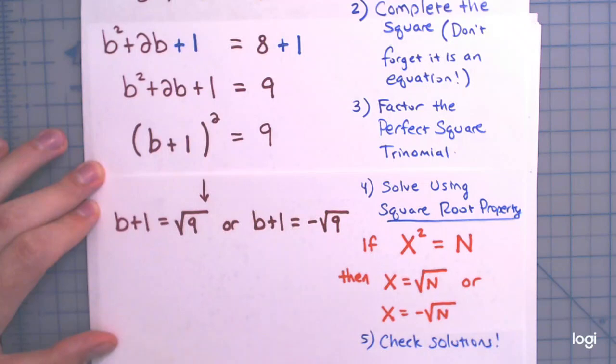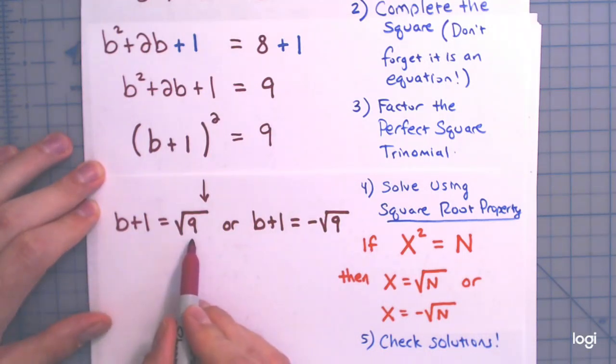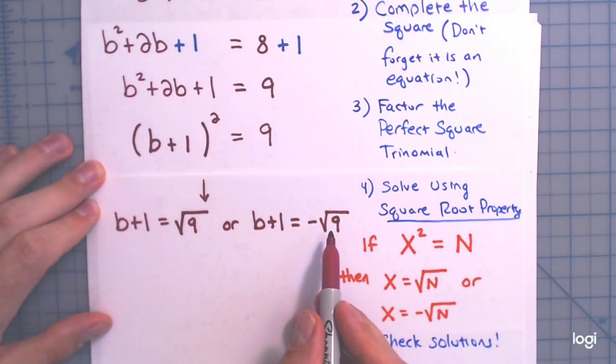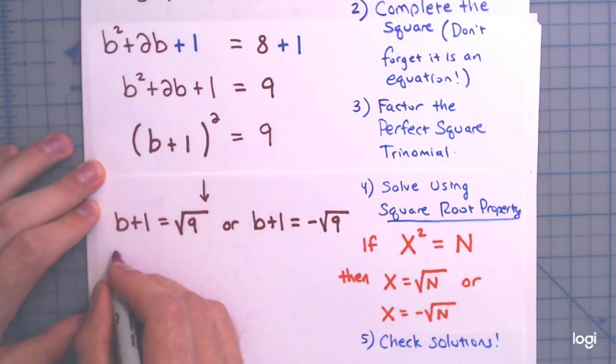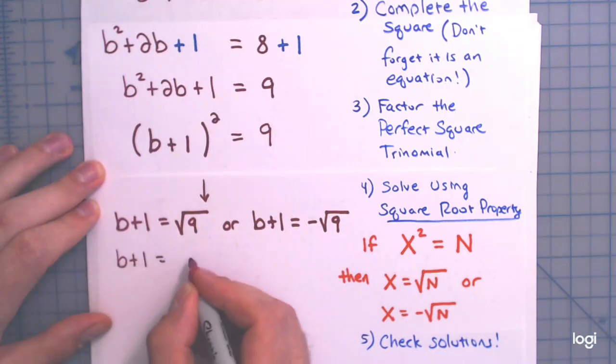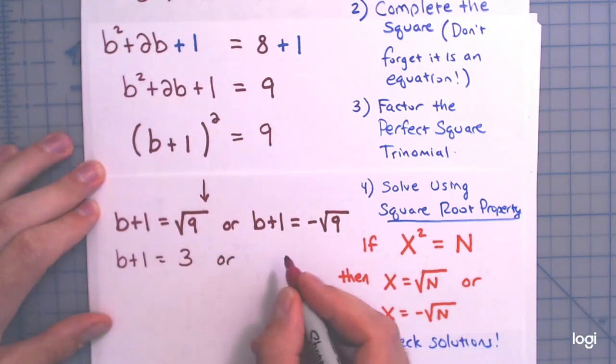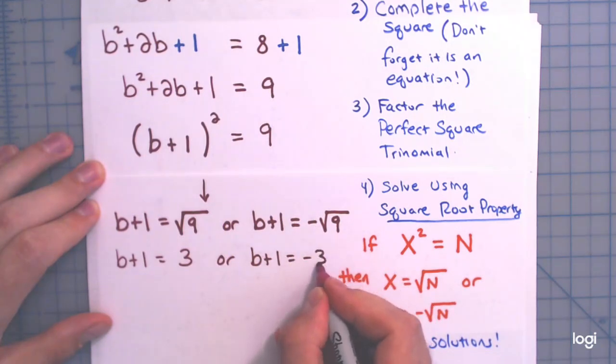I don't care for doing that, but you can. I'll write it at the end if we come up with some plus or minus answers. But then look at your radicals here. What's the square root of 9? The principal square root of 9 is just 3. So this left equation is b plus 1 equals 3, or in this right equation, b plus 1 equals the opposite of that, negative 3.